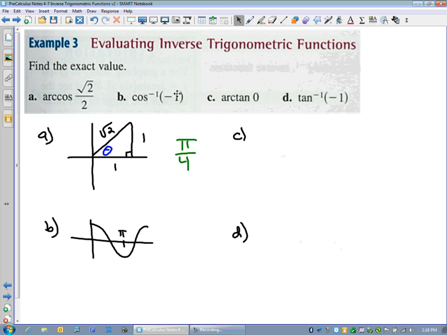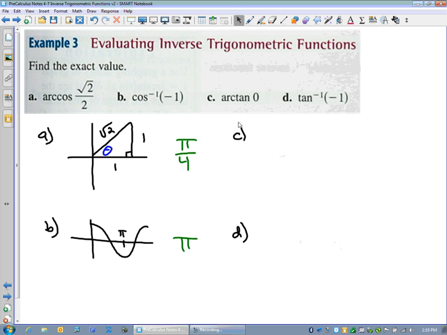It is negative 1 when it reaches pi, when it reaches halfway from 0 to 2 pi. We have 0, pi over 2, pi, 3 pi over 2, and 2 pi. So this is asking what is the angle whose cosine is negative 1. Well, as we see from the graph, that just happens to be at pi. So therefore our answer here would be pi.